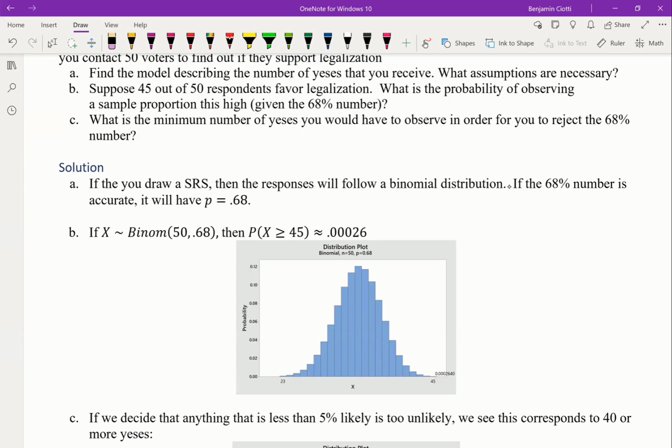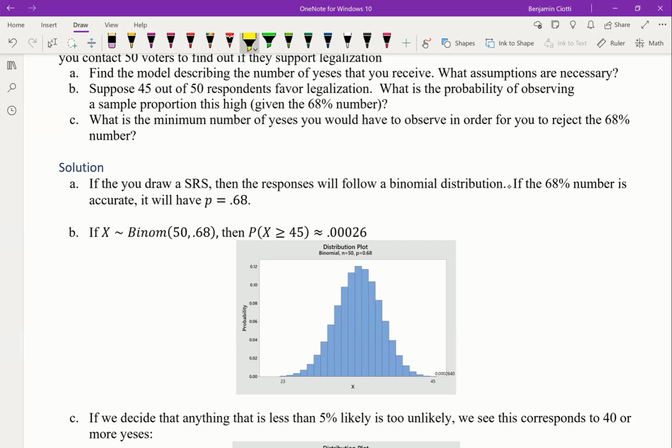How strong does evidence to the contrary have to be? For some people, it might be if you observe something that has less than a 5% chance of occurring by random chance, or maybe a 1% or a 0.1%. So it can vary, but the standard level is 5%. This is called a significance level. I'll talk more about it today.